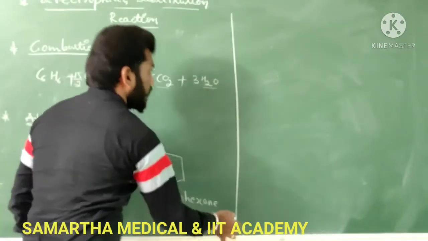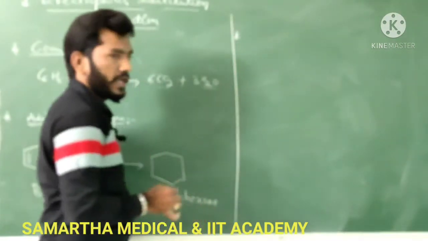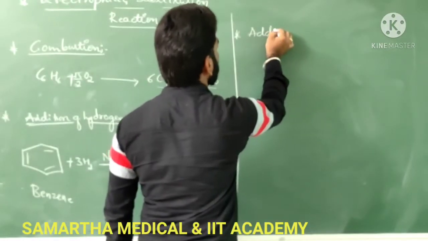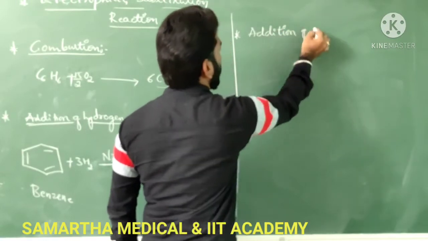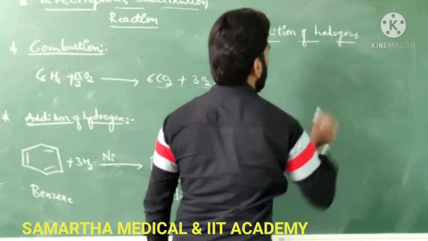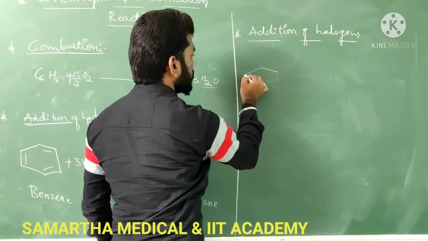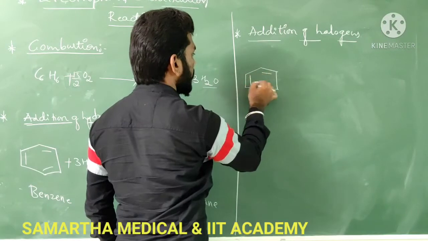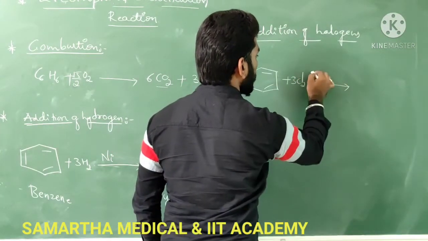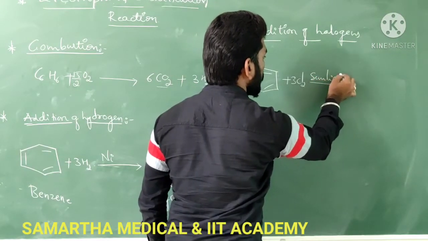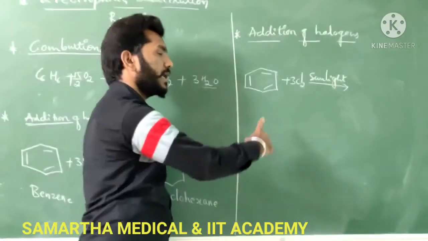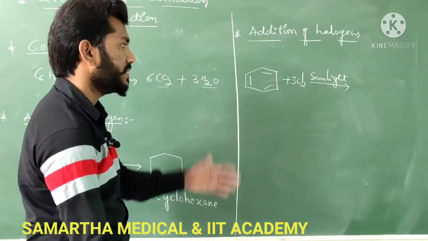So the last but not the least reaction is the addition of halogen, or reaction with chlorine, simply we can say. Let us say we have benzene that is going to be combined with a chlorine molecule. And this reaction takes place in the presence of sunlight, guys.